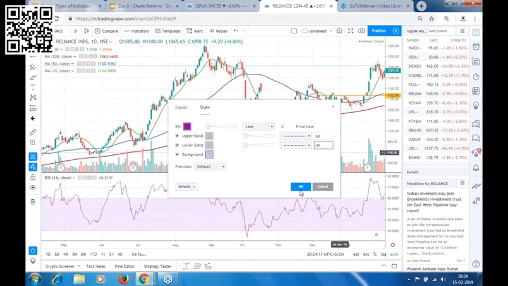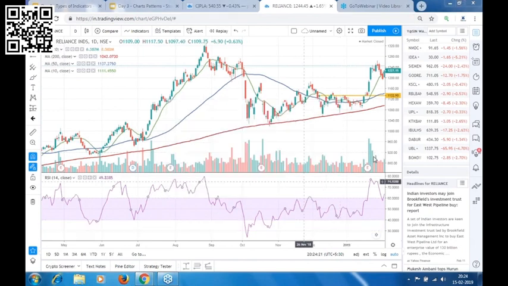Because you see, whenever the RSI crosses above 60 and moves in the upward direction, we can see a good rally, a quick movement in the stock in the upward direction. And whenever it breaks the 40 level, we can see a quick fall in the stock.